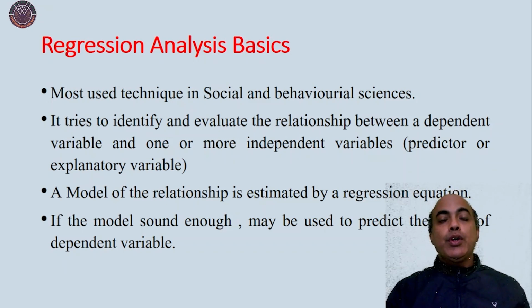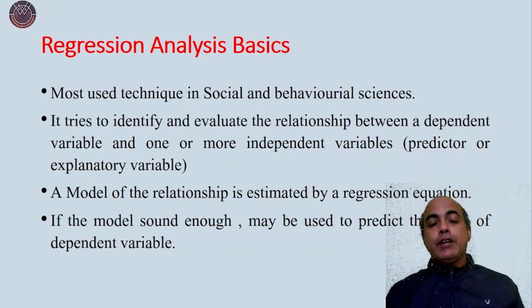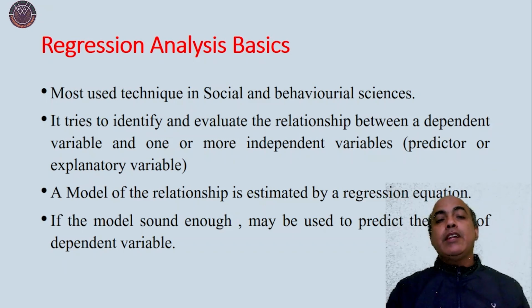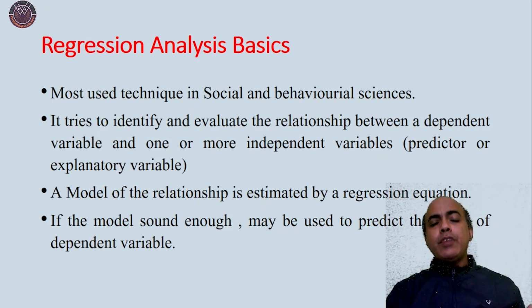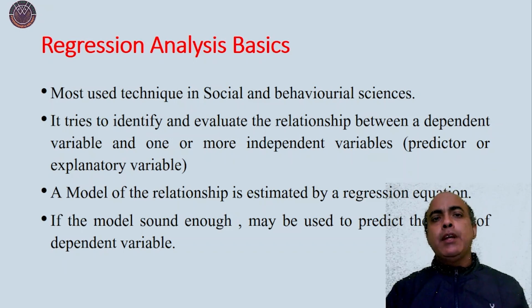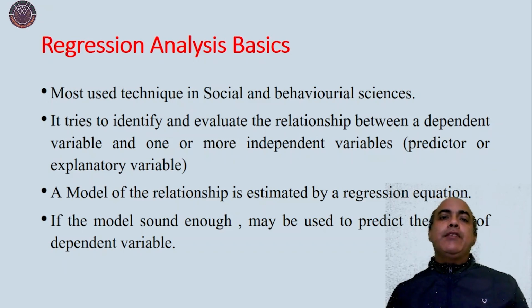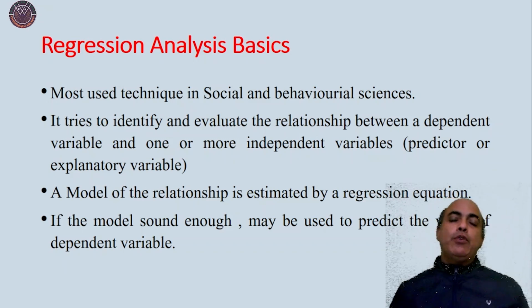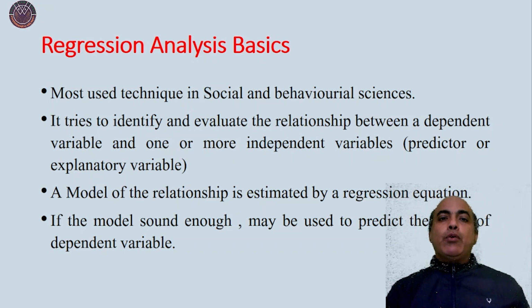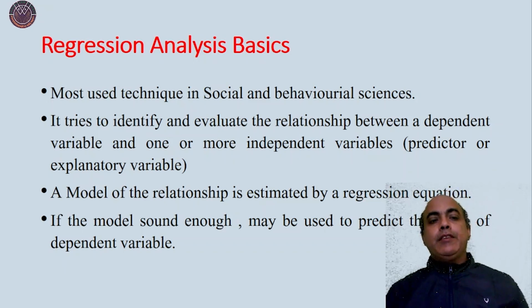So we have the predictor variable, that is called the independent variable, or explanatory variable. One category of variable is called the dependent variable, the other category is called the independent variable. For that purpose also, we perform regression analysis.